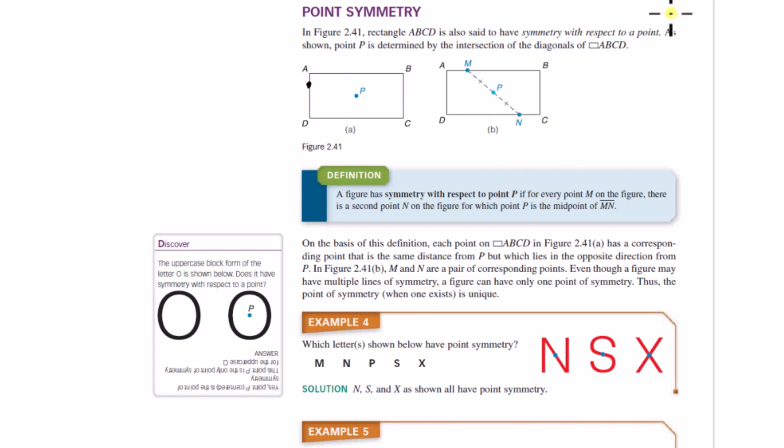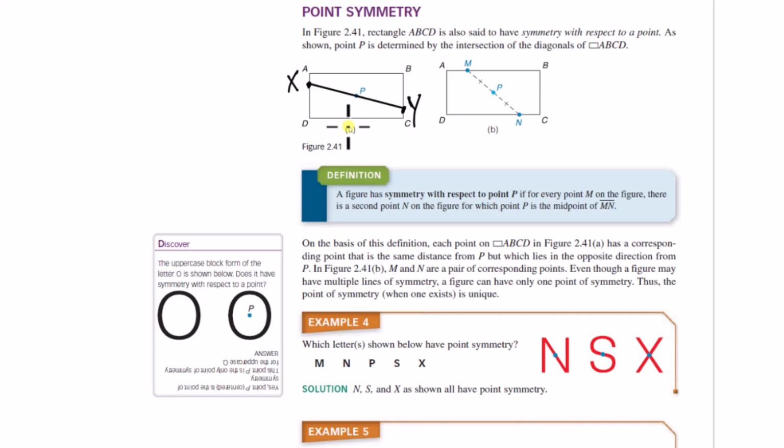For that point to have a corresponding second point with respect to point P, there has to be another point on the figure somewhere such that if you connect a line between the initial point X here and that point, going through point P, then point P is going to be the midpoint of that line segment. Then those 2 points are, you could say, corresponding with respect to point P.